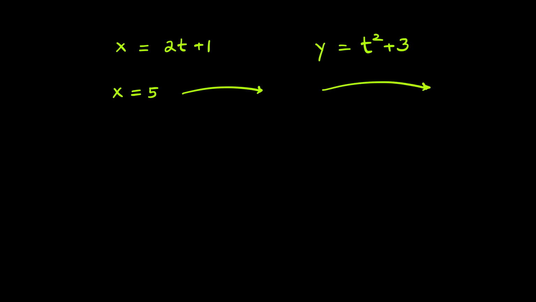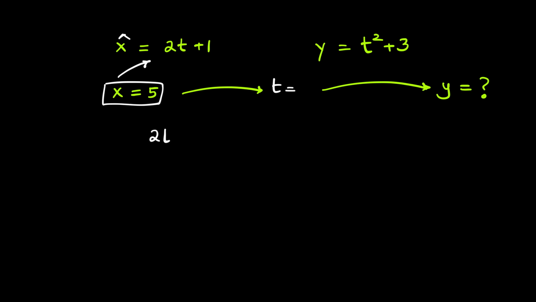Now, keeping the same parametric equations, x equals 2t plus 1 and y equals t squared plus 3, if we are given an x coordinate of 5 and asked to find the corresponding y coordinate, what is the process? First, we use the x coordinate with the parametric equation of x to find the value of t.